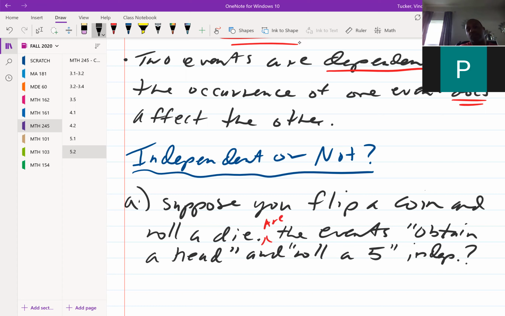All right. Suppose you flip a coin and roll a die. Are the events obtain a head and roll a 5 independent?